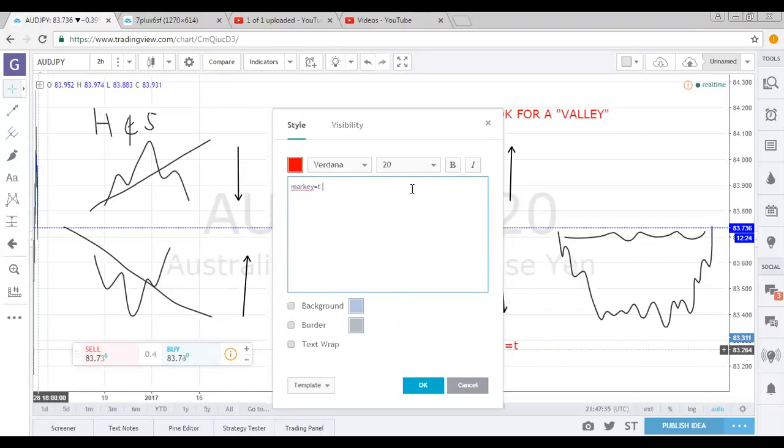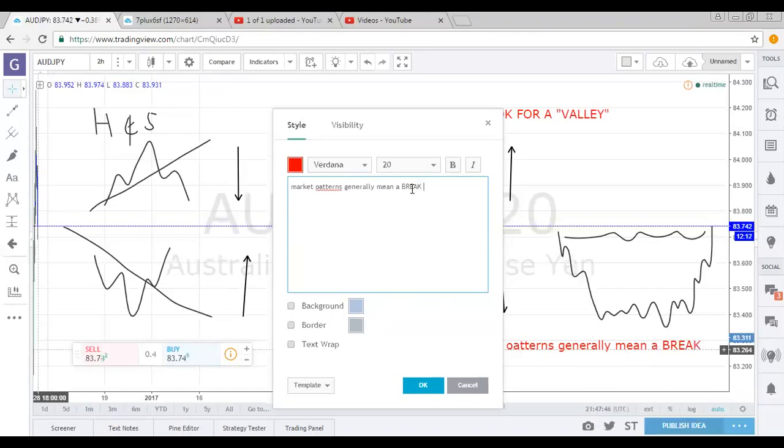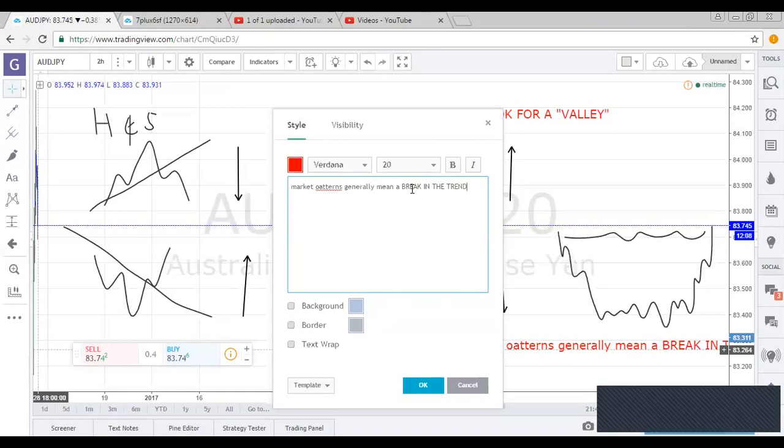Market patterns generally mean a break in the trend.